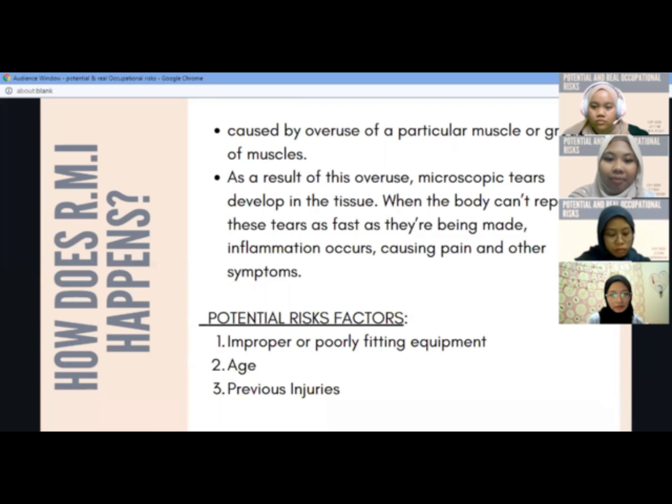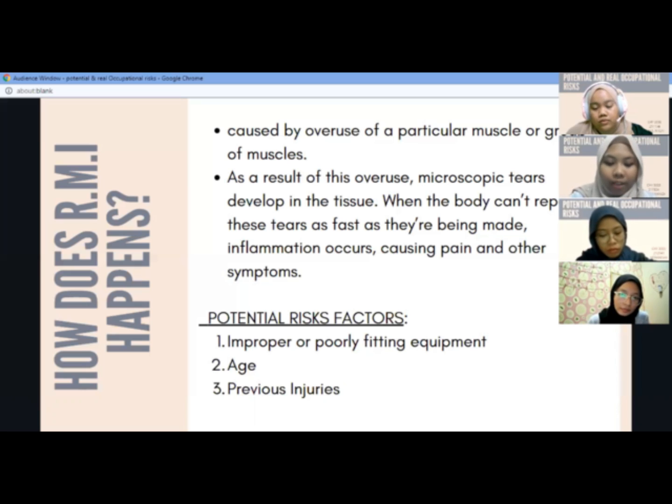Okay, there are some risk factors that cause repetitive motion injury. Firstly is improper or poorly fitting equipment. We know that a contractor must wear full PPE protection, because poorly fitting equipment can cause a lot of damage to their body. Next, the factor of age.